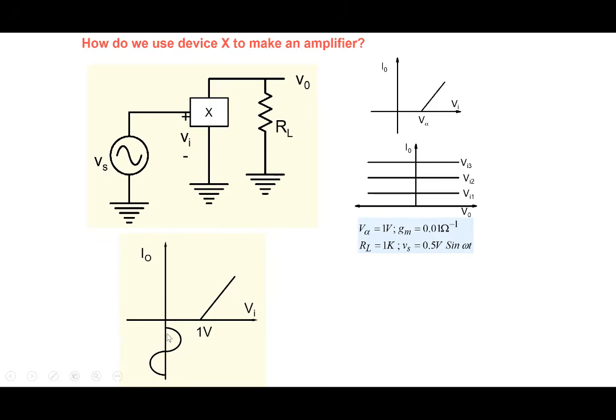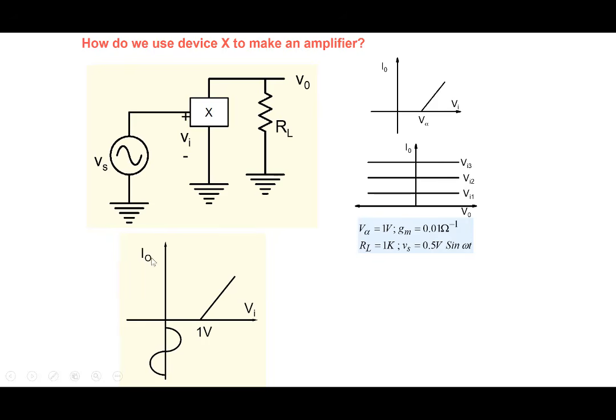Note that when I'm drawing a sinusoid like this, on this axis is Vi, and temporarily when we are talking about the sinusoid, we are taking the y-axis as the time axis here. Okay, so when my Vs signal goes like this here, it will reach a maximum value of 0.5, and then it will go to a minimum value of minus 0.5 here.